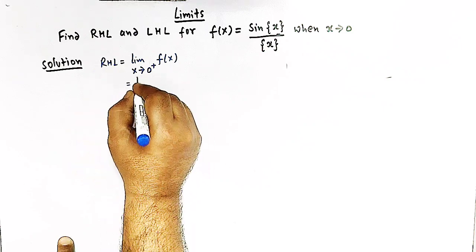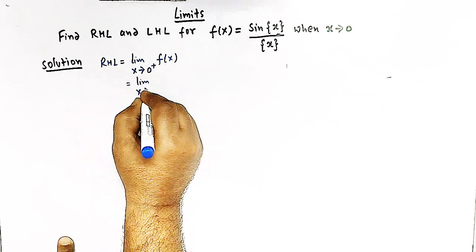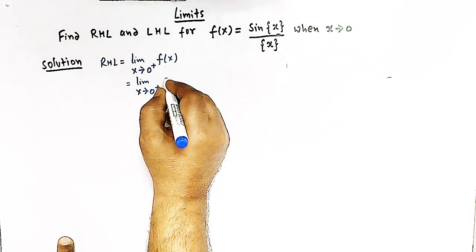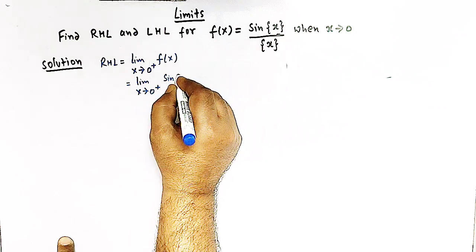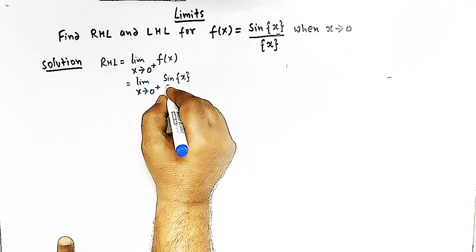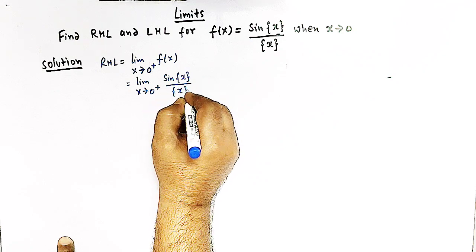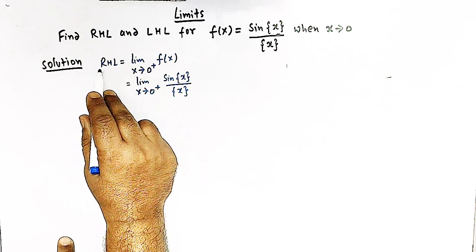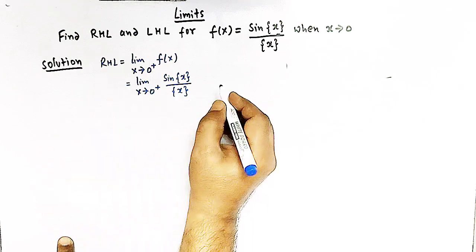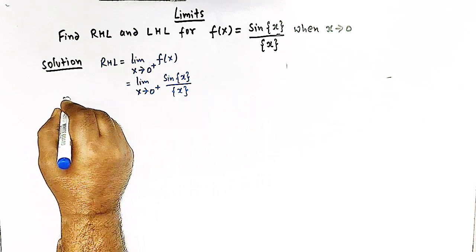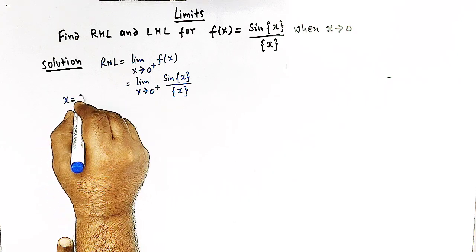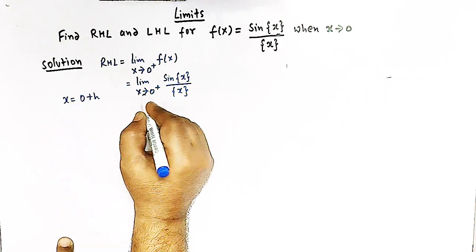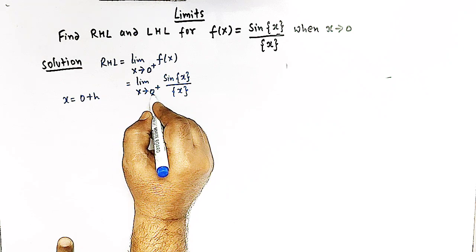So here we have limit x tends to 0 plus, and for f(x) we can write sine of fractional part of x divided by fractional part of x. Now to get the right hand limit, let us make the substitution x = 0 + h. Here x is tending to 0.